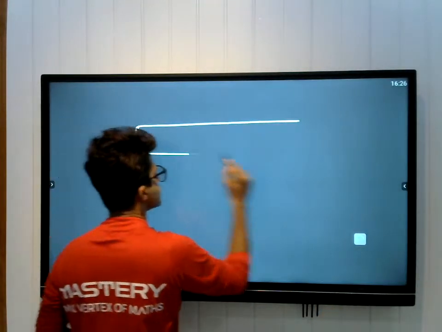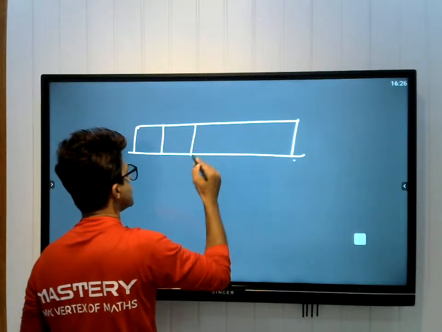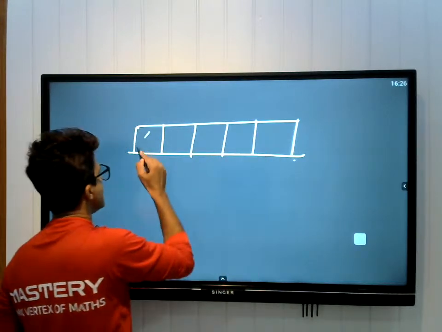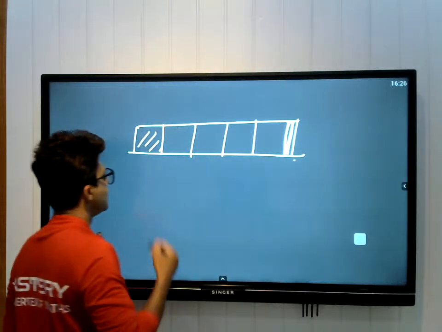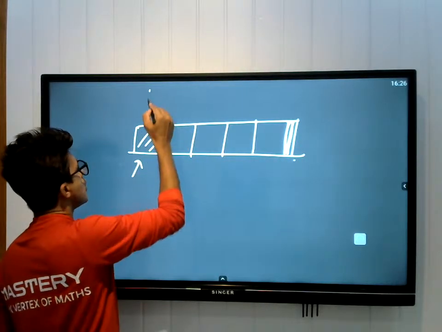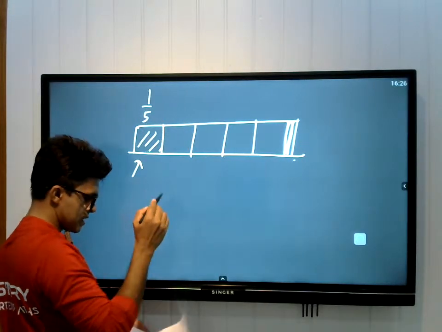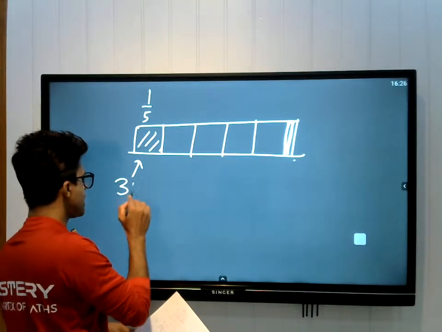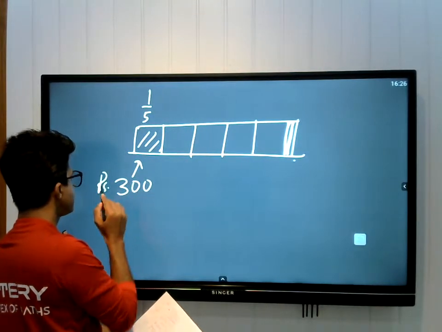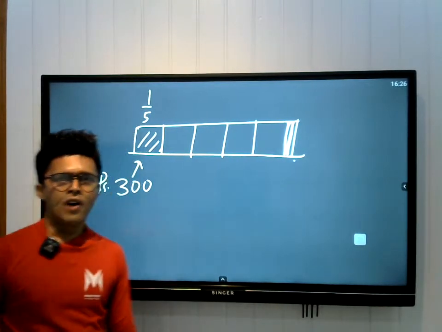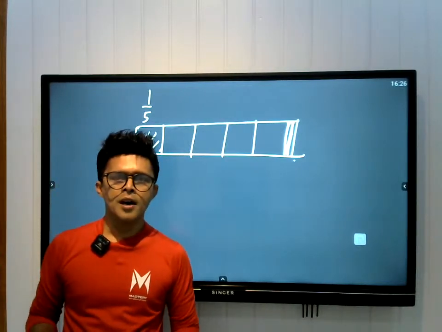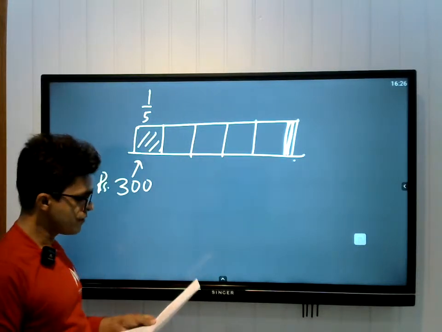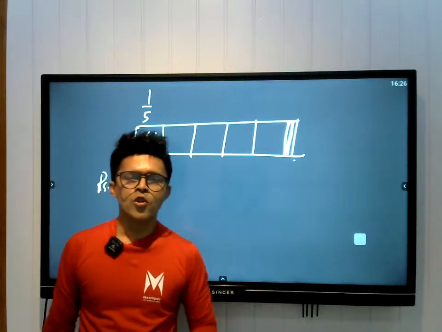Just imagine the amount is divided into 5 parts: 1, 2, 3, 4, 5. Then this is 1/5, and 1/5 is 300 rupees. Then you need to find the full amount. How can you calculate the full amount?